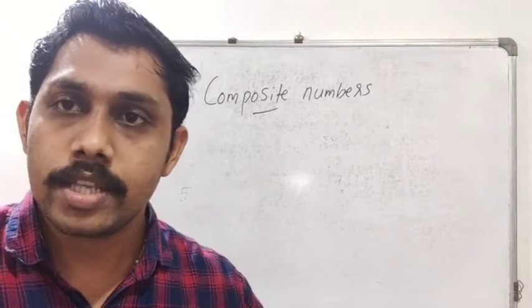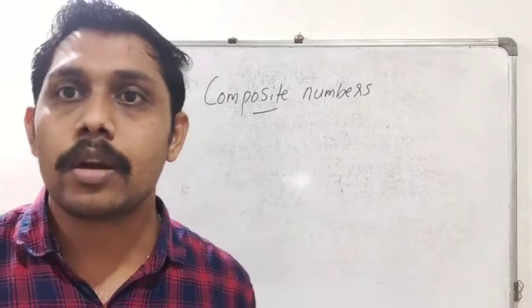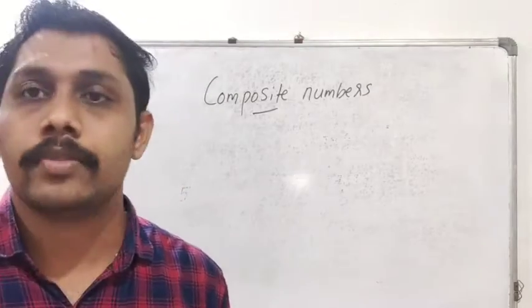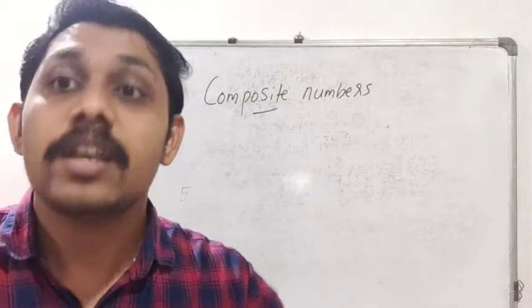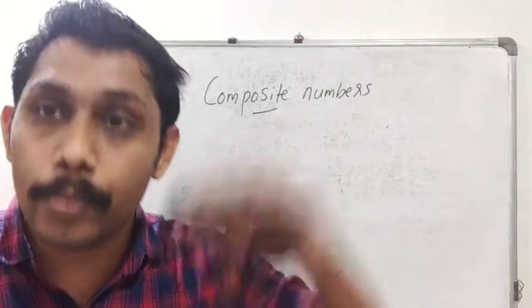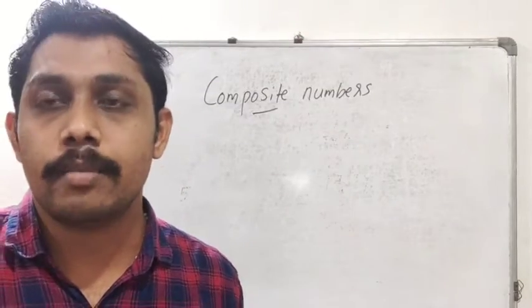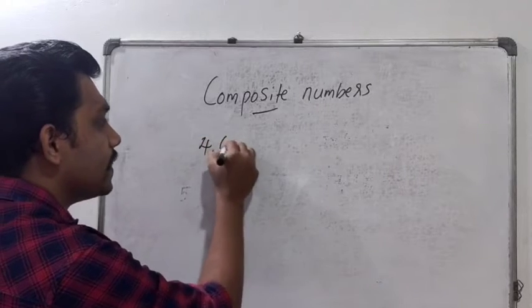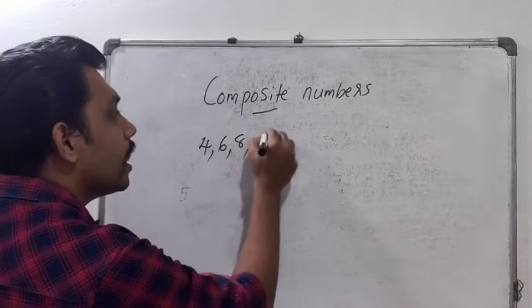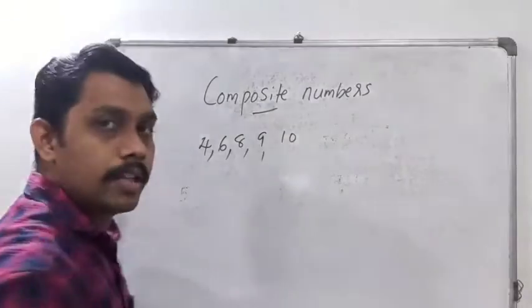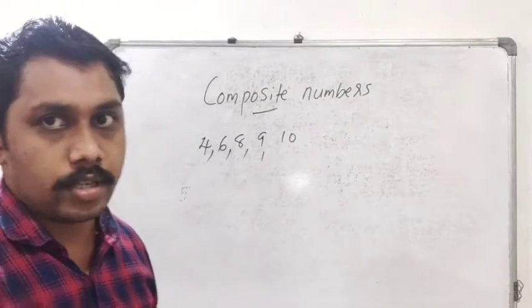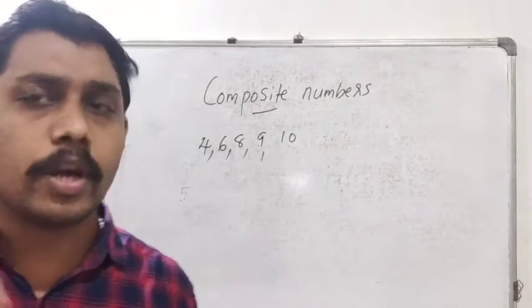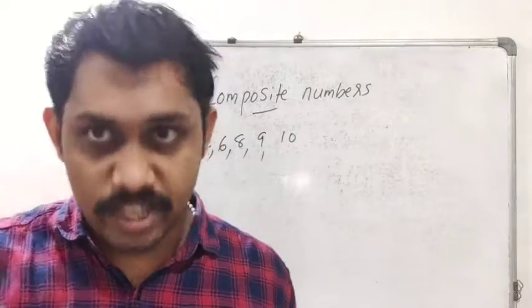The numbers which are other than prime numbers are called composite numbers. The number which is not prime is called a composite number, which means 4, 6, 8, 9, 10. They are composite numbers.